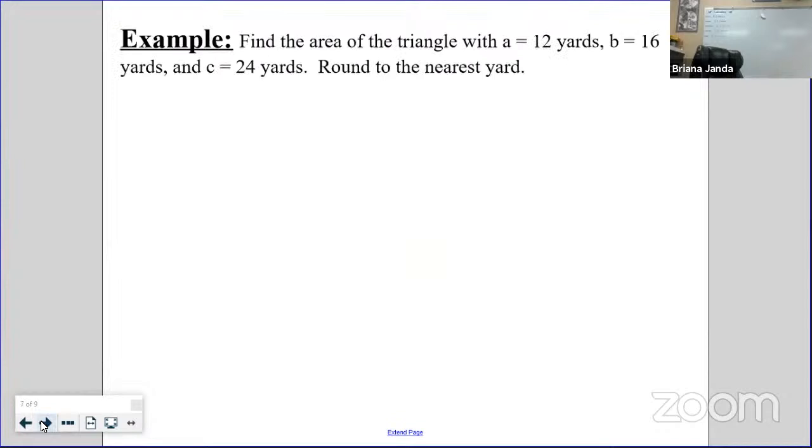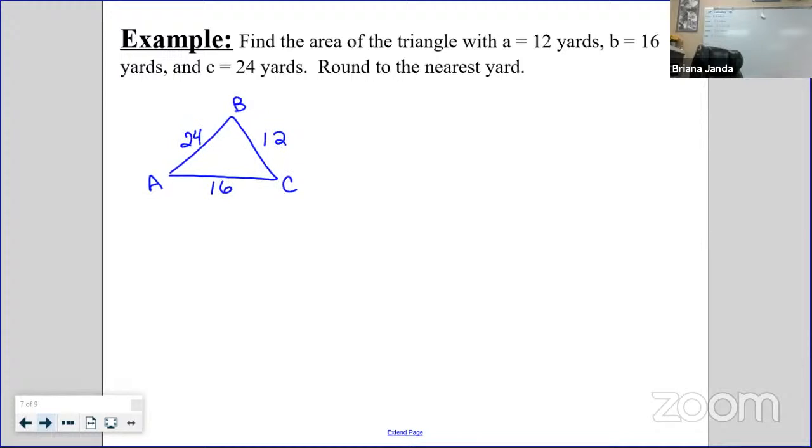Okay, so looking at an example here, they give us the triangle with side lengths of 12 and 16 and 24. A picture is completely not necessary. However, we're kind of in the habit of drawing that, and that's fine. You absolutely can go draw a picture if you want. It really doesn't do anything for us on this one because we don't even really need to know what is where.